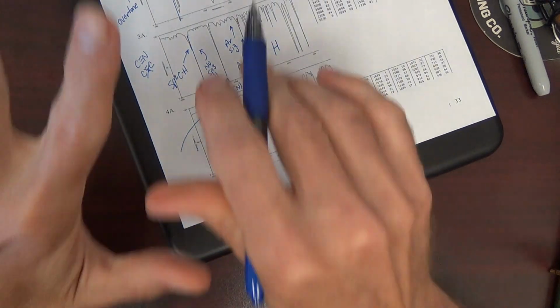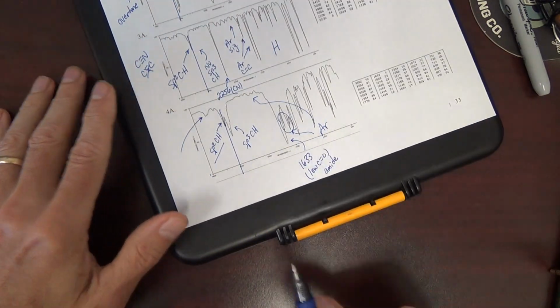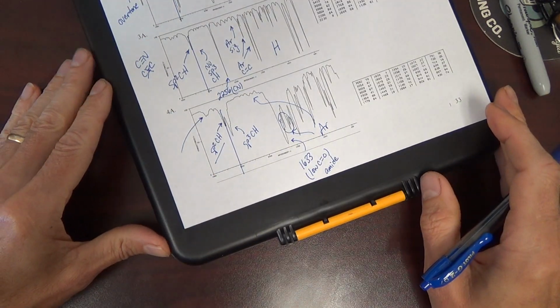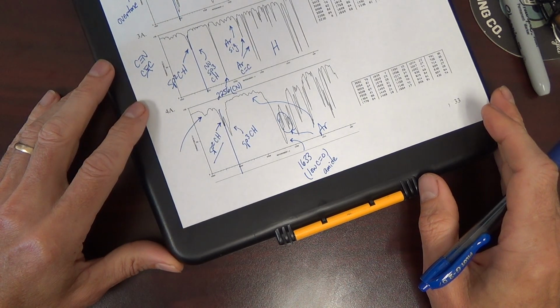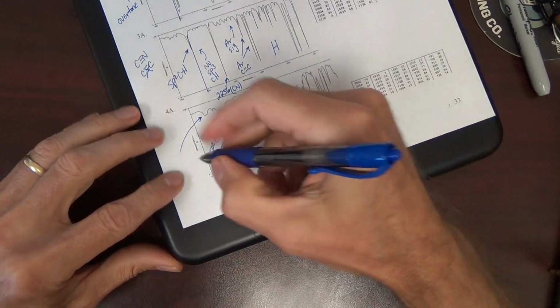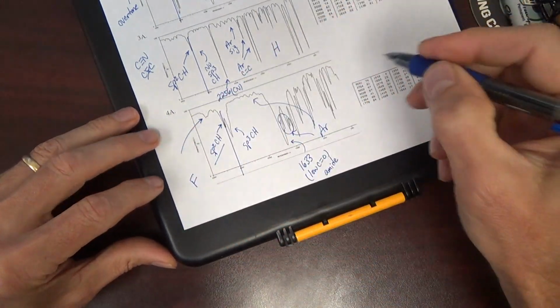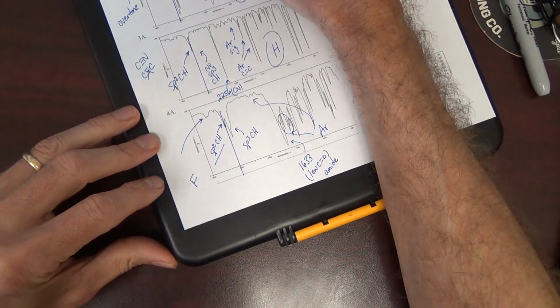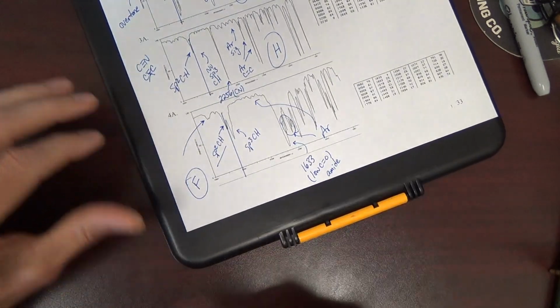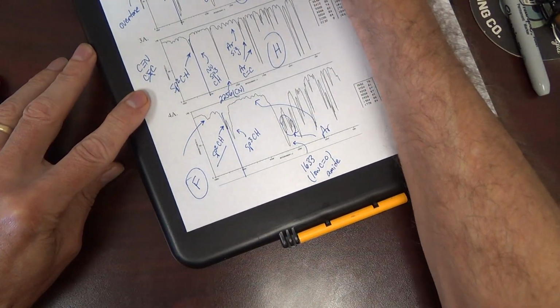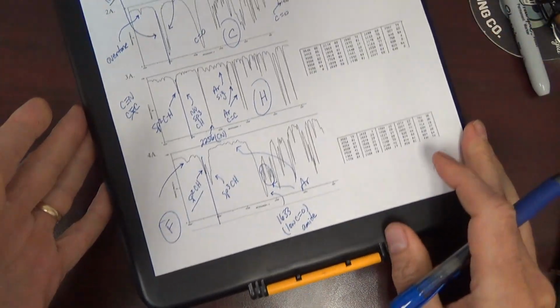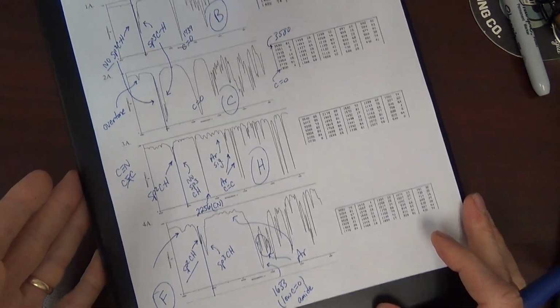In this case, with these choices, it confirms it's aromatic. I'm pretty confident that this one is F. Yes, F. We might circle these to make them stand out a little better, or you could use an arrow and some clear indication of what your answers are.